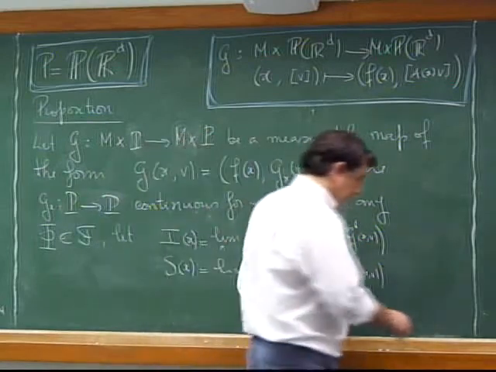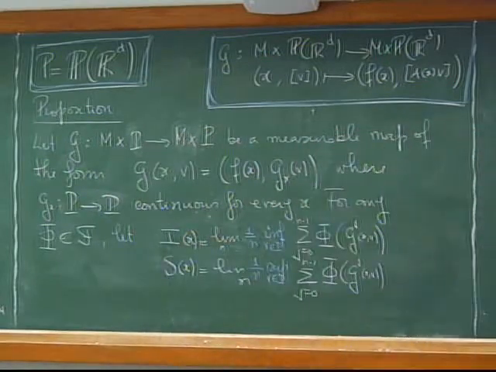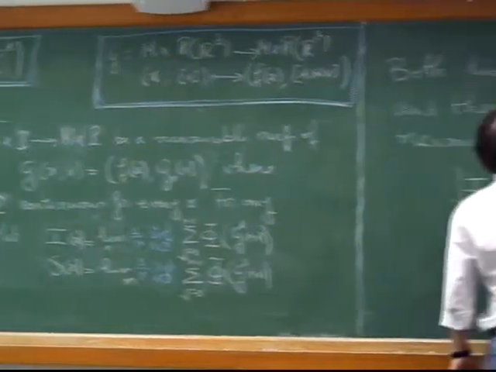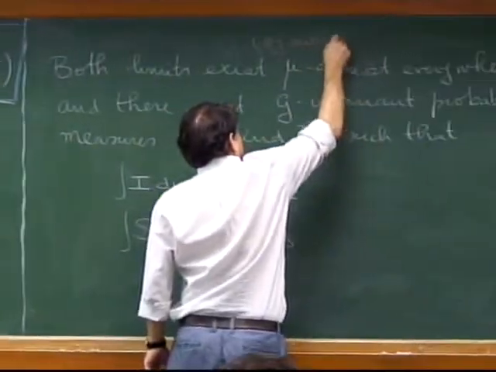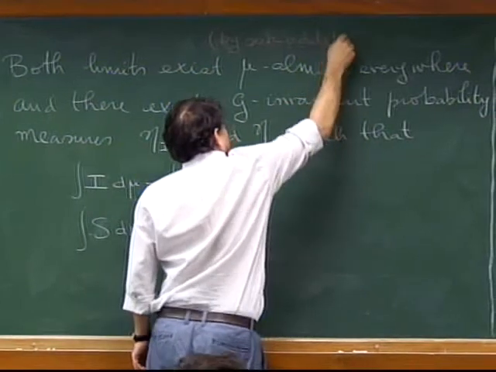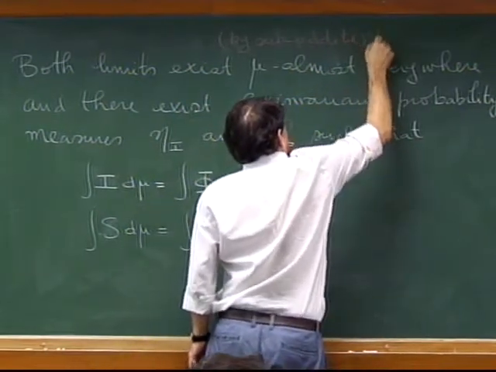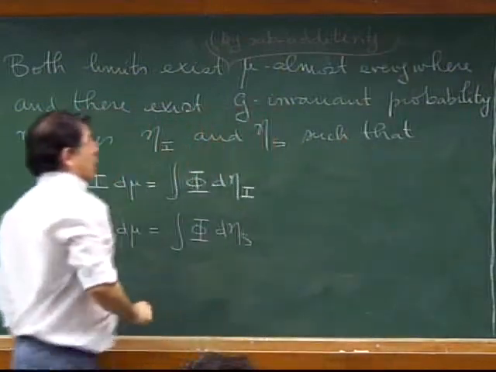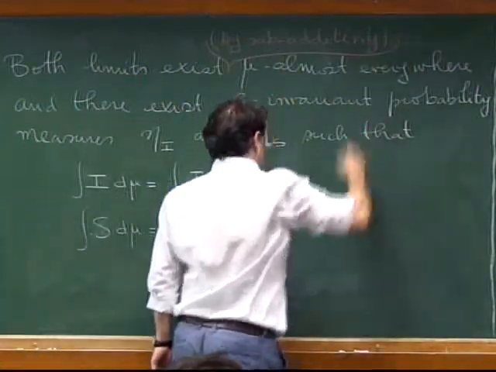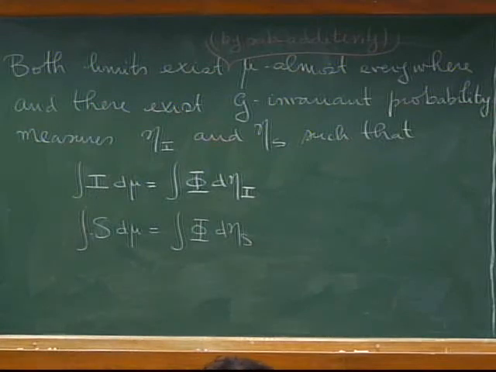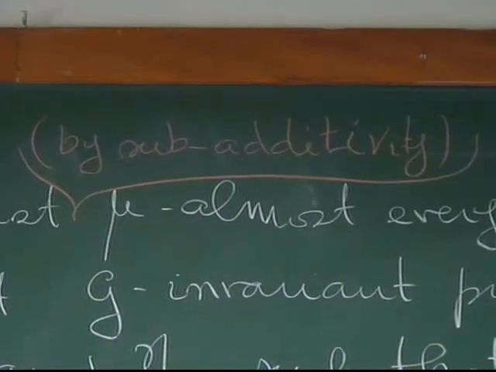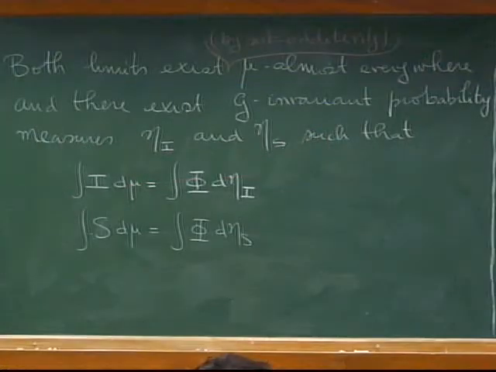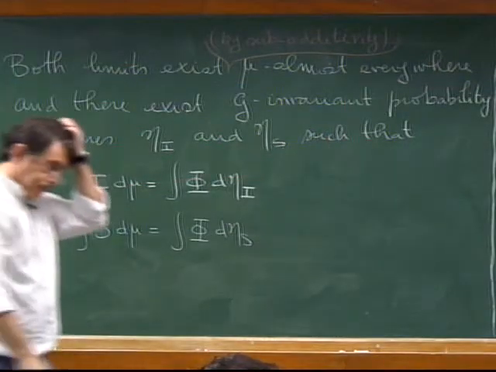But you already guessed what the proof is, and I will do that next time, by subadditivity. This sequence here is sub-additive and this one is super-additive. So that's why the limits exist.